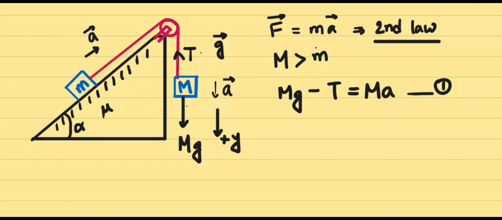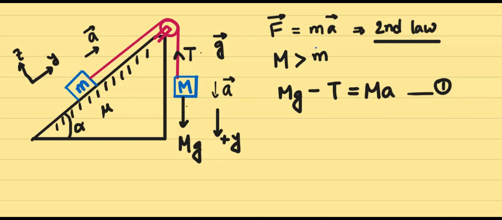We have to set up another coordinate, congruent to our chosen coordinate for the mass capital M. So this is going to be our y, and let's say this is going to be our z direction.